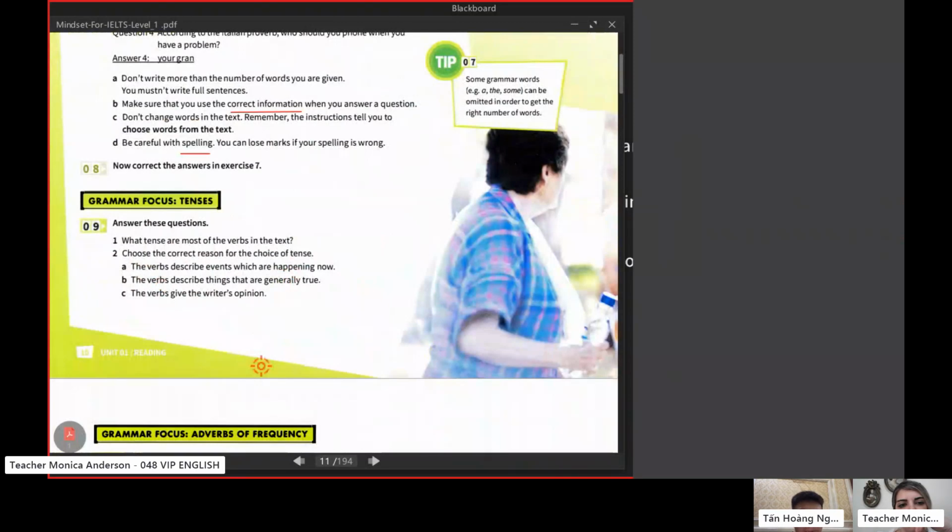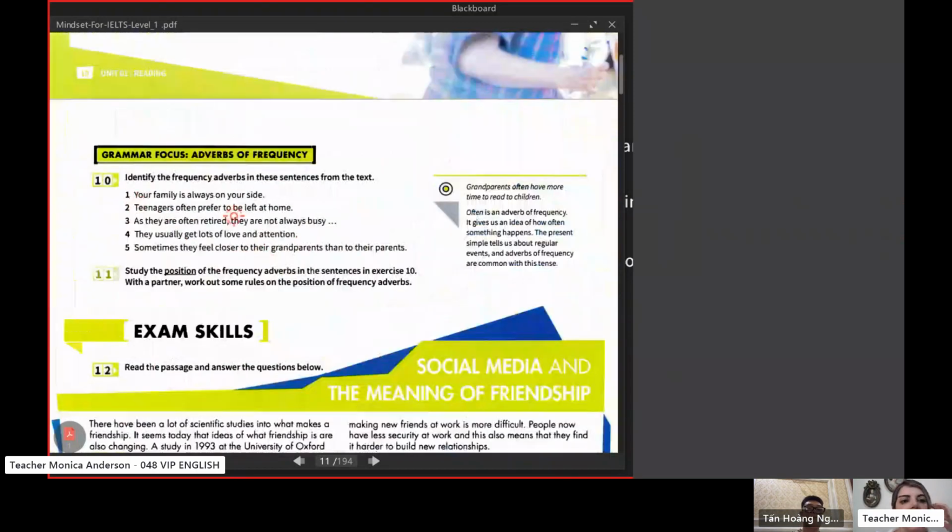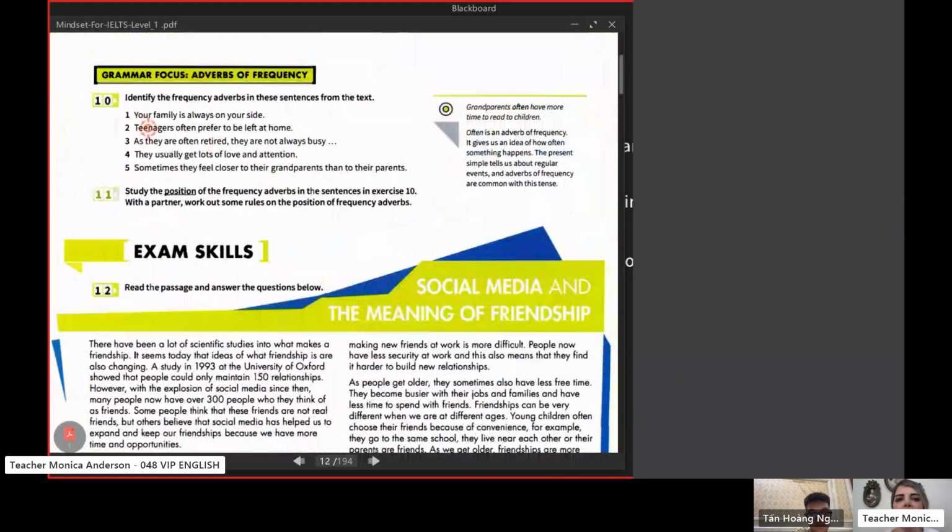B. Excellent. That's it. Now we use present simple to describe things that are generally true in present time. Very good. Excellent. Okay, now identify the frequency adverbs in the sentences from the text. Of course, that is really easy. You know adverbs of frequency. Number one.